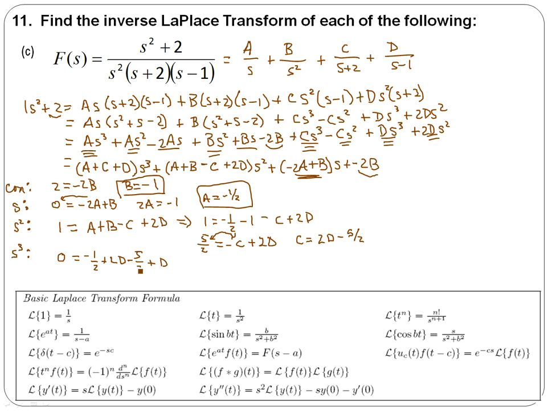So negative 1/2 and negative 5/2 combine to give you negative 6/2, which is negative 3. If you bring the negative 3 over to the left side, it becomes 3. And then 2d plus d gives you 3d. Divide by 3, and we get d is equal to 1. And if d is equal to 1, then we get 2 minus 5/2, which is negative 1/2, is c.